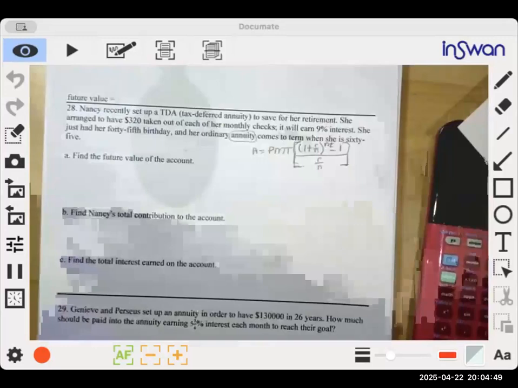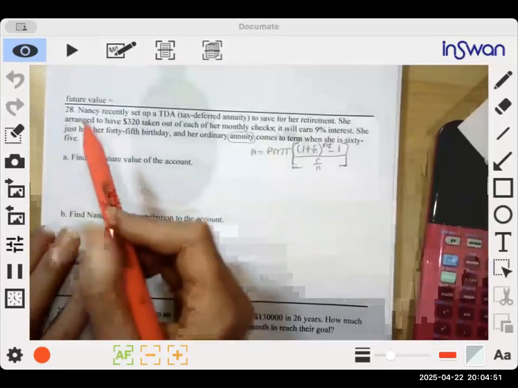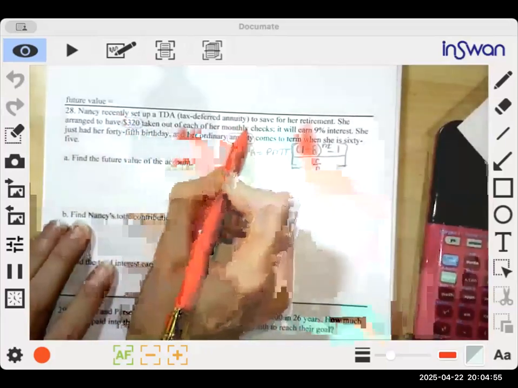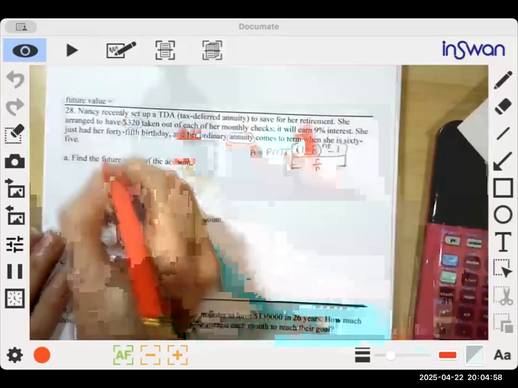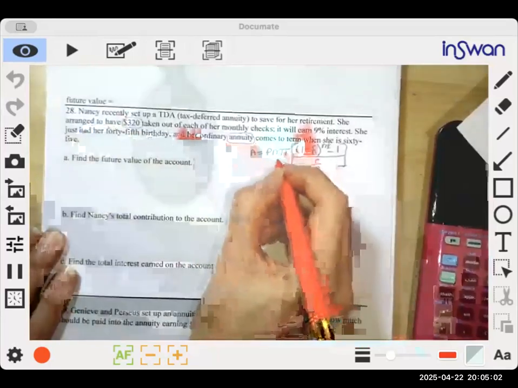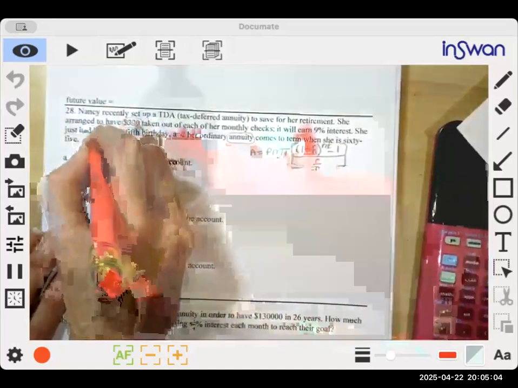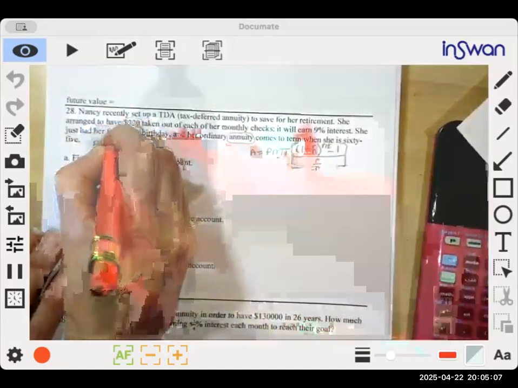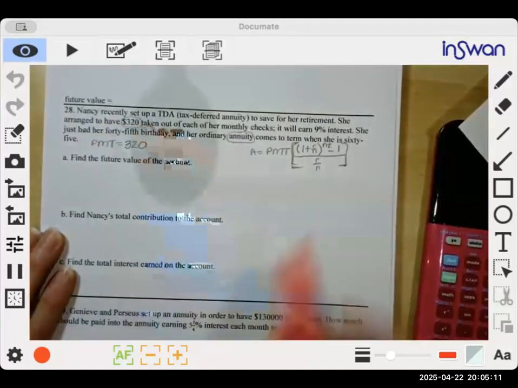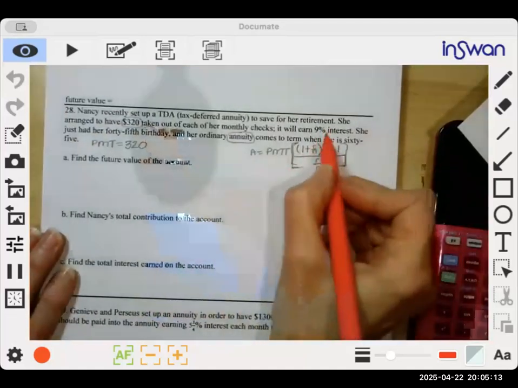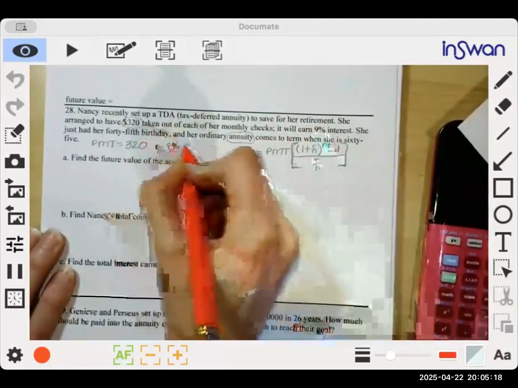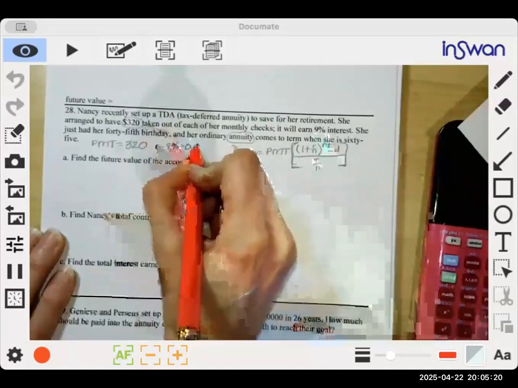All right, now we look at the numbers here. She arranged to have $320 taken out of each of her monthly checks. So each month she is taking out the payment of $320 and putting it into this account. We have a rate of 9%, or 0.09.